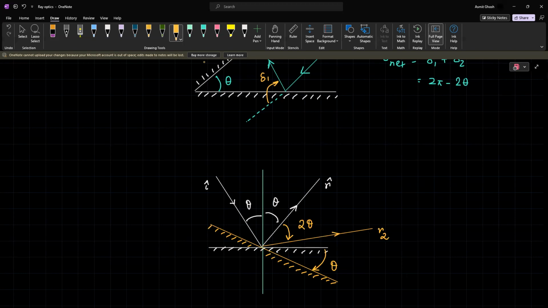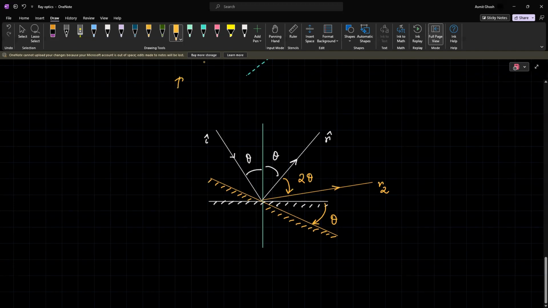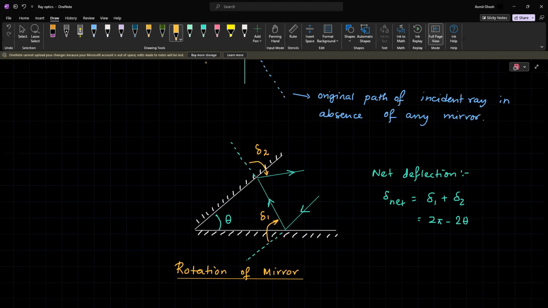Okay. So this is for rotation of mirror. And this is deflection for two inclined mirrors.